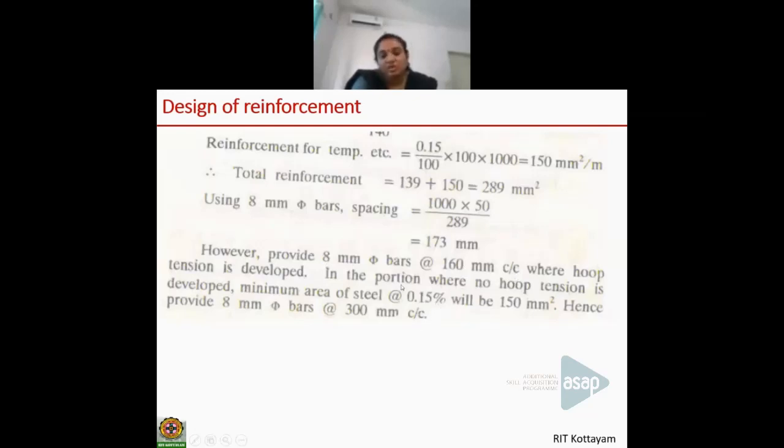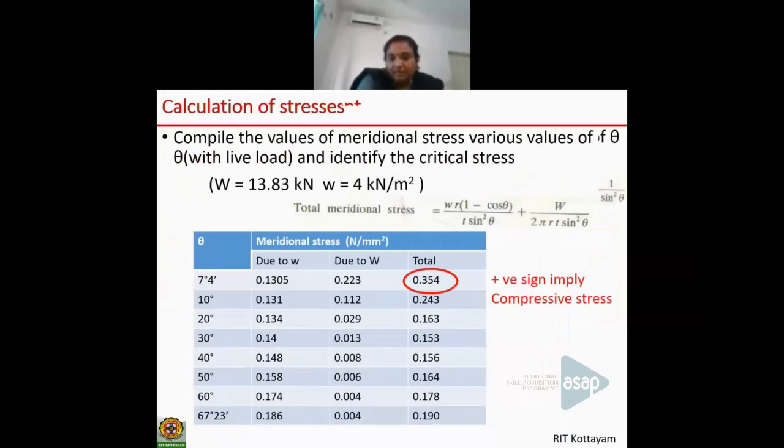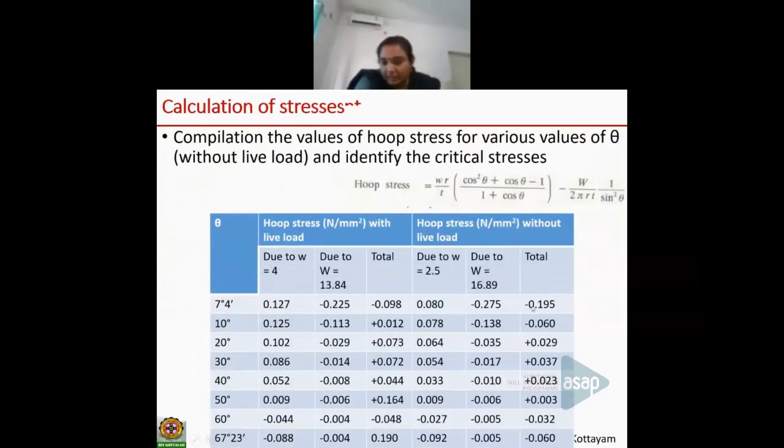And where hoop tension is not developed, how do you identify those portions? See here, in this portion only, where you see the negative side, the hoop tension is developed. Here there is no tension. So that means after 10 degree, you can increase the spacing. Before 60 degree, you can increase the spacing.